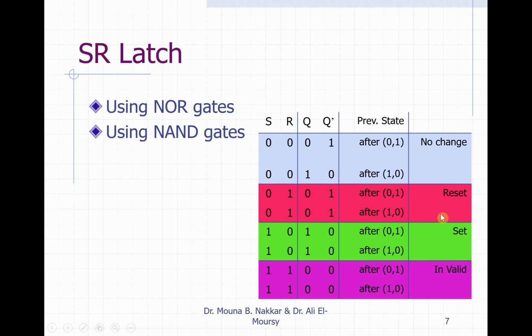Because here R is 1, that's why we call it R. So R for reset, S for set. So when R equals 1, S equals 0, Q will be 0. For S 1 and R 0, this is called set, or writing 1 into the cell. So the output will be 1. For 1 and 1, this is the forbidden case or invalid case. Never do it for the SR latch.